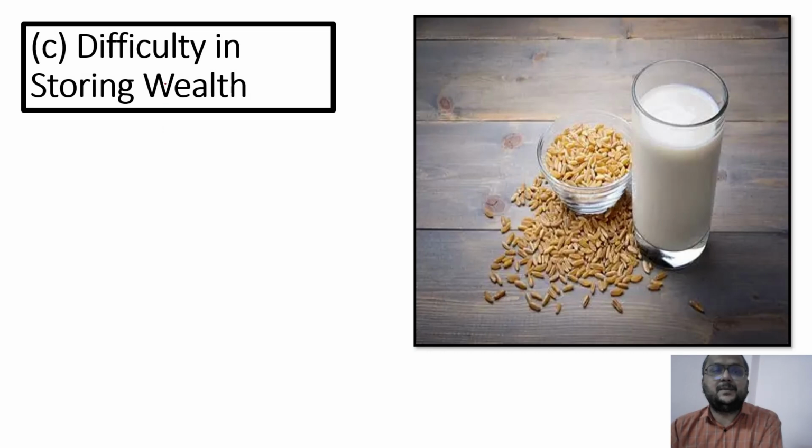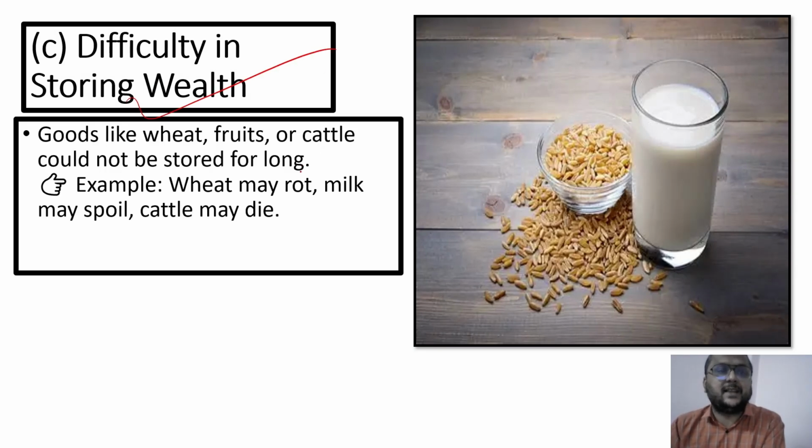The third problem is difficulty in storing wealth. Goods like wheat, fruits, cattle could not be stored for long. Some goods are perishable, so they do not work over a long time. For example, wheat may rot, milk may spoil, cattle may die, and that is why it becomes difficult in the barter system.